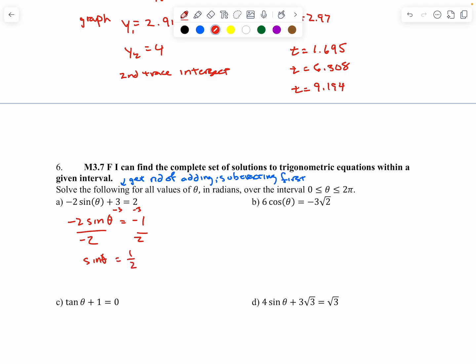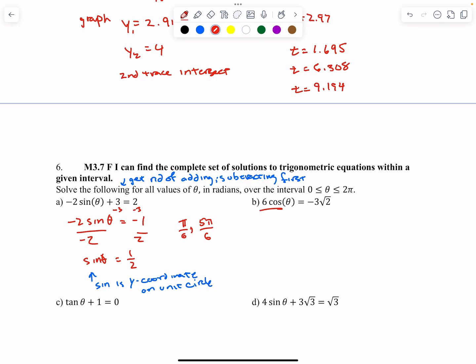Where are the 2 points where the sine, the height, equals that value? Remember that sine is the y-coordinate, only if the hypotenuse is 1. 2 values between 0 and 2 pi. So 2 values on the unit circle are pi over 6 and 5 pi over 6.